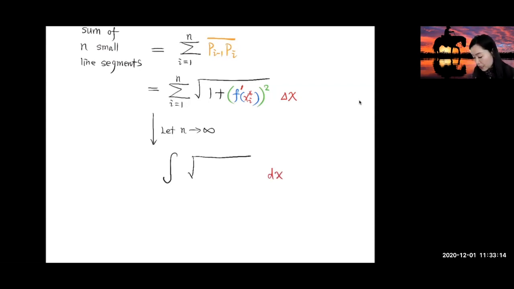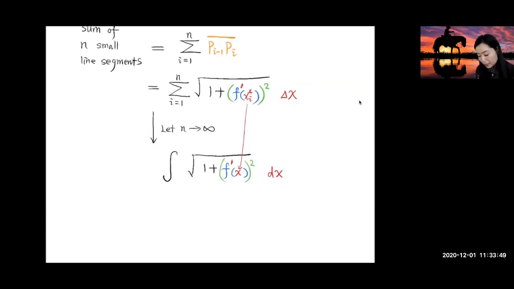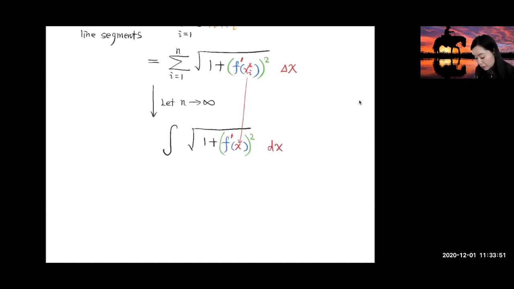And what should I put inside this square root? 1 plus f prime of x, squared, where instead of x_i we replace it by x. Remember, this is a function f, a continuous function.